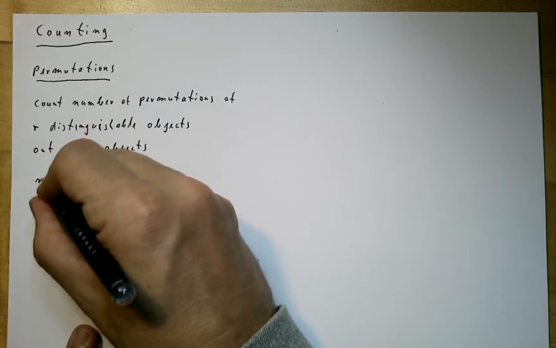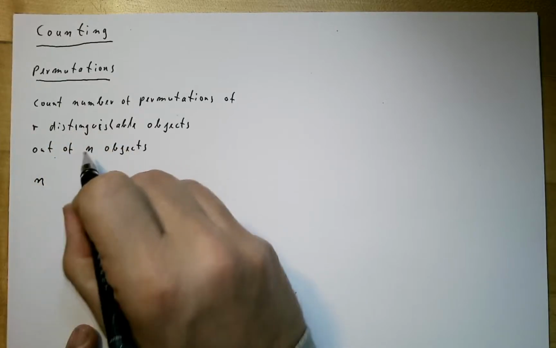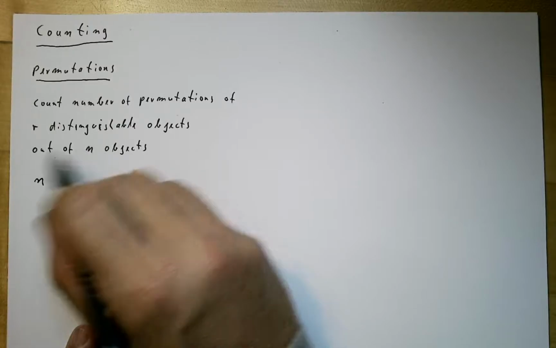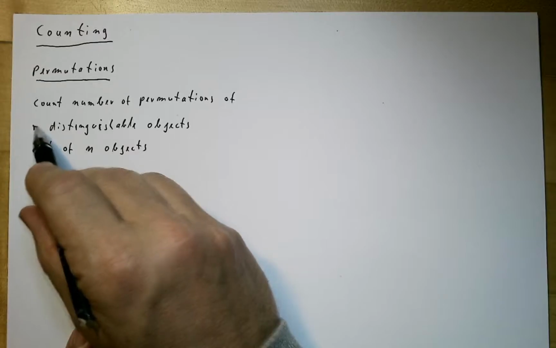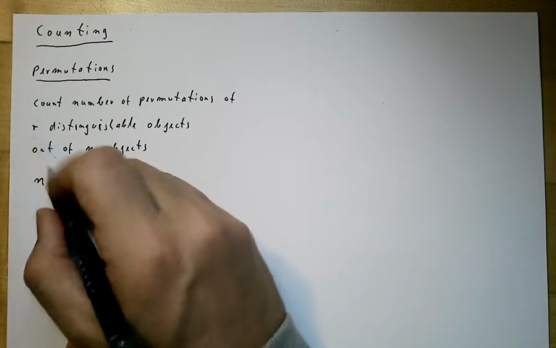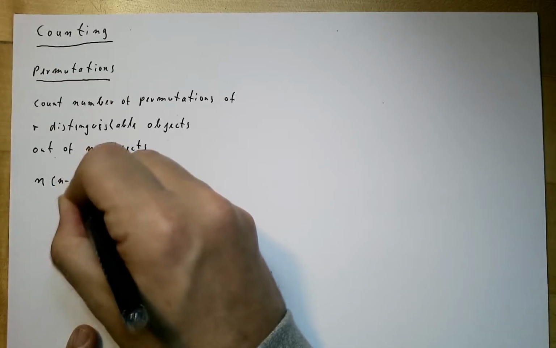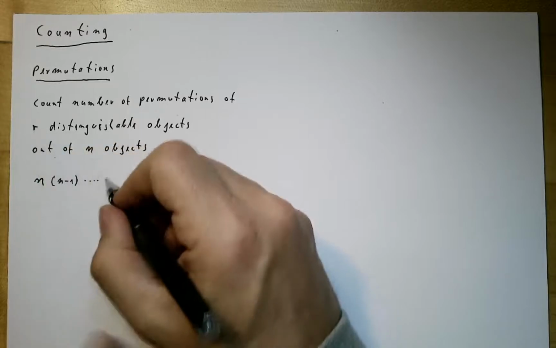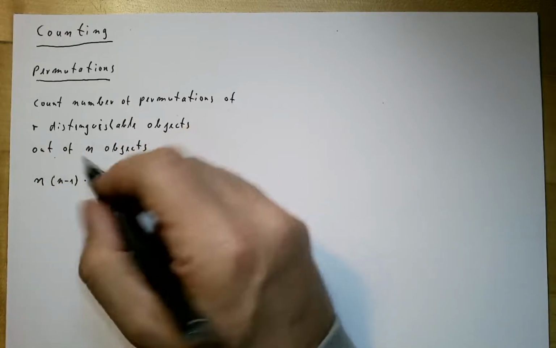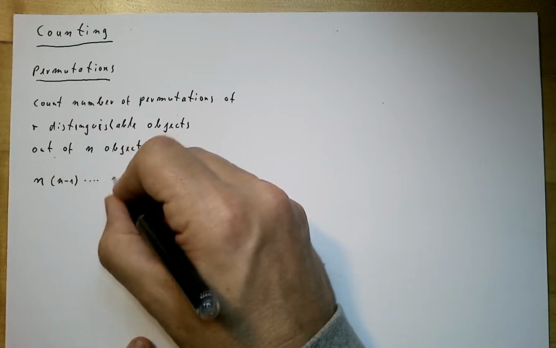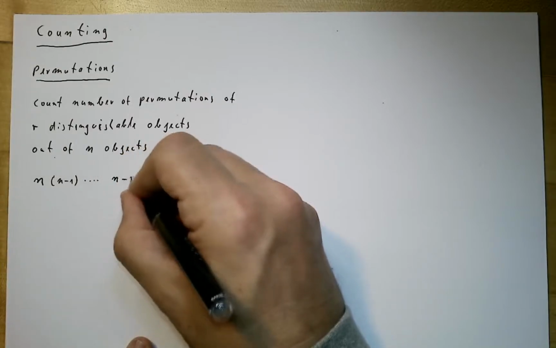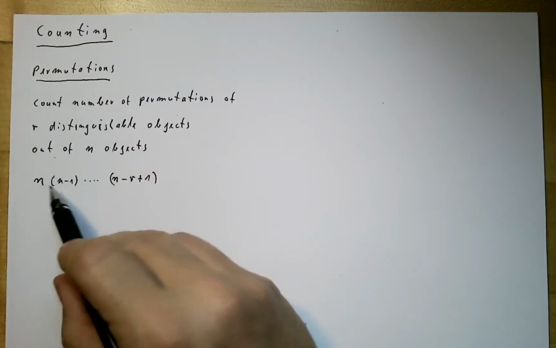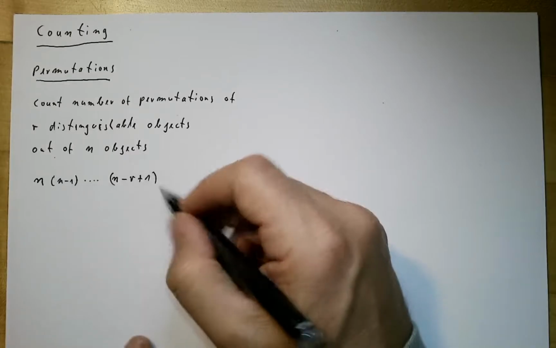But then you have chosen this one of the n objects already, then you have n minus 1 objects left. So the second element of r has only n minus 1 possibilities left, and then you go on until the rth object is chosen, and for the last you have n minus r plus 1 possibilities. So you have this product of n times n minus 1, and so on and so forth.